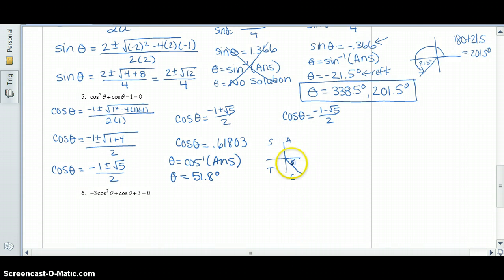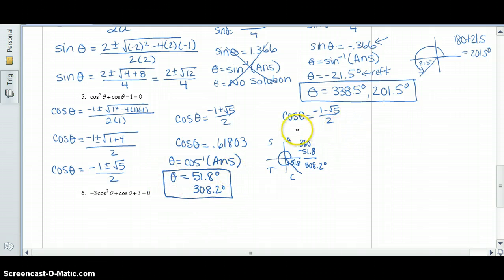So the reference angle is 51.8, but that's not the angle in standard position. So to figure out what that is, we're going to do 360 minus 51.8. And when you do that, you get 308.2. So we got two answers out.